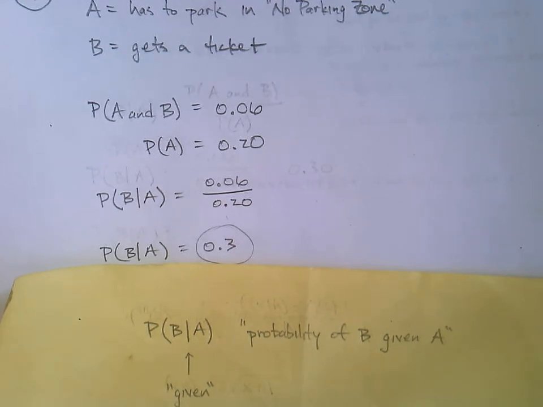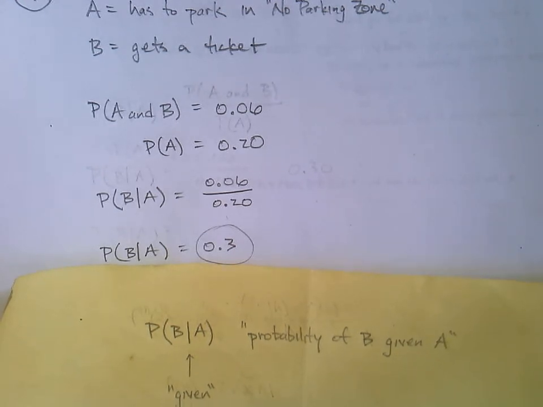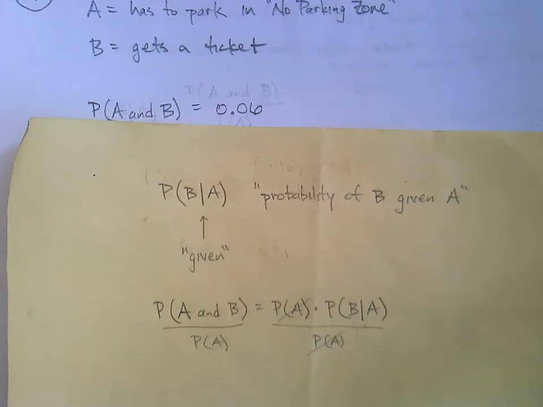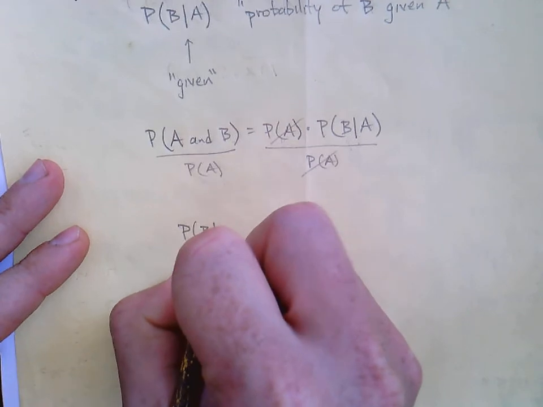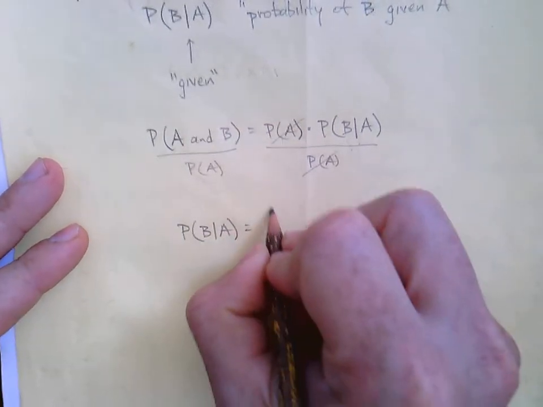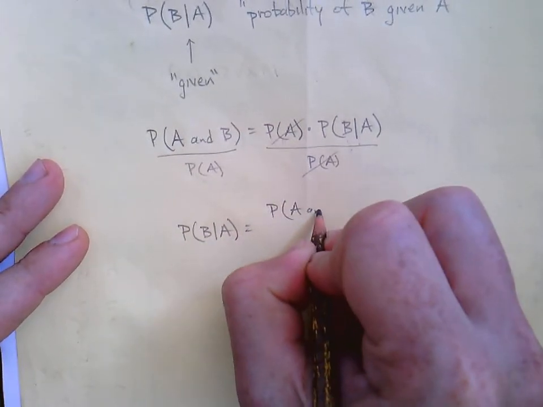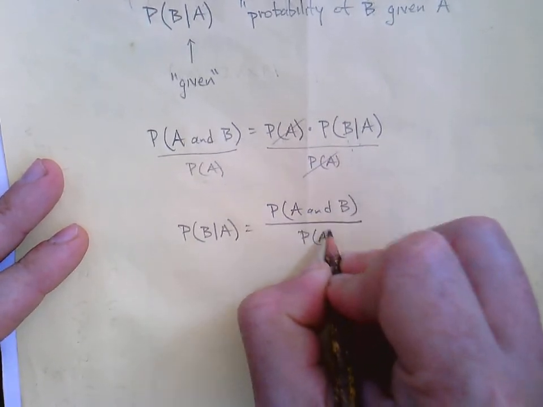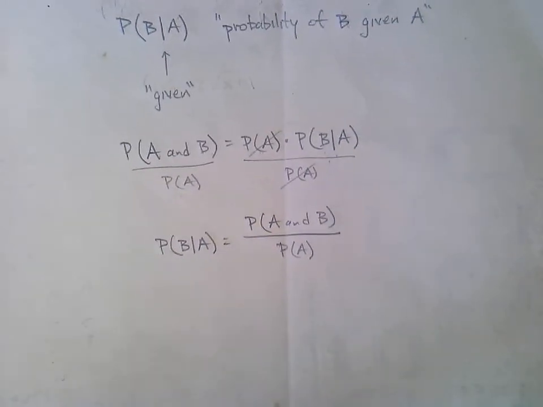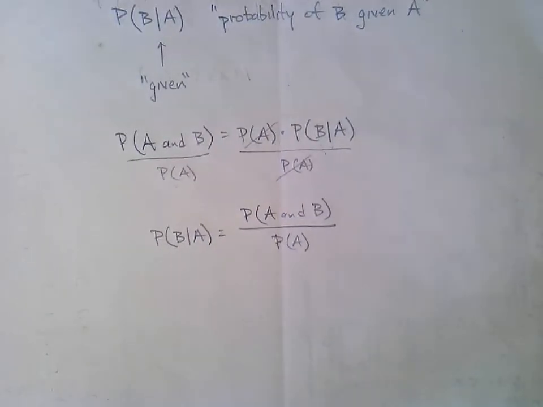Okay, so how does this help with our problem of the B given A? If you think about that formula, let me write it again. Probability of B given A is the probability of A and B divided by the probability of A. Looking at the Venn diagram, we're thinking, assume A has already occurred.